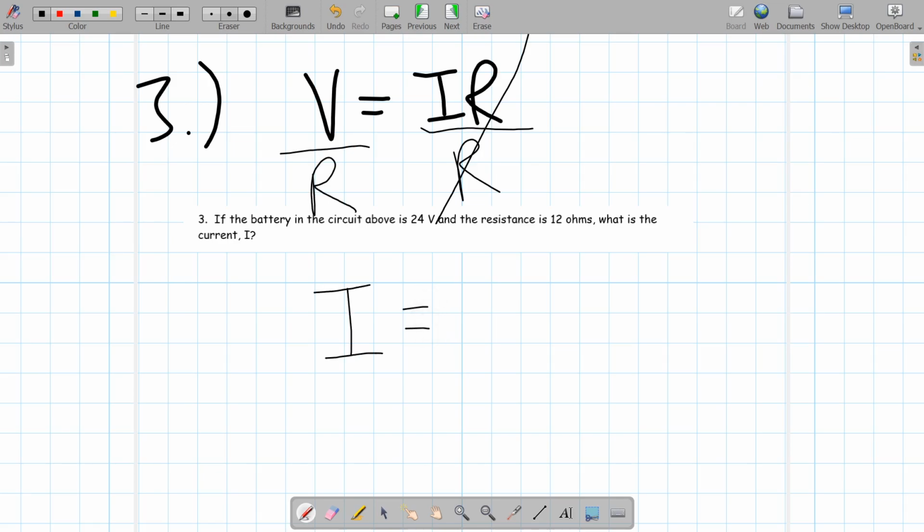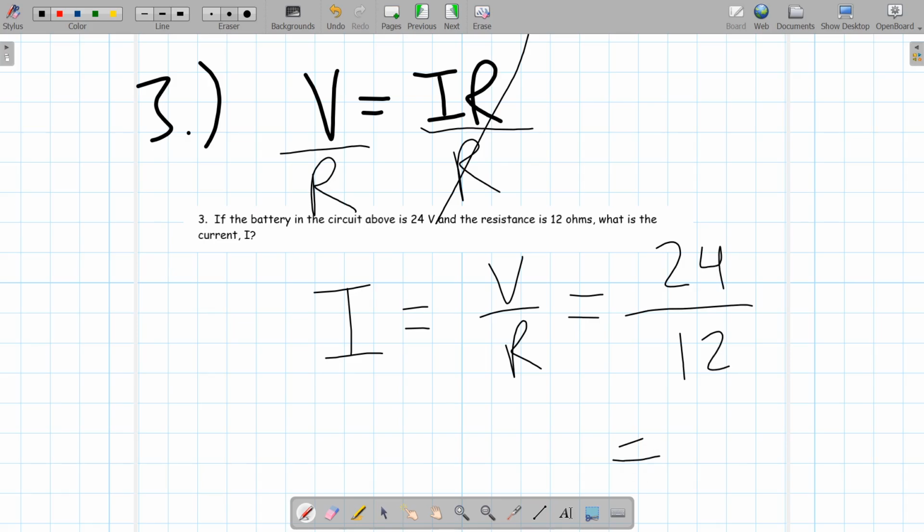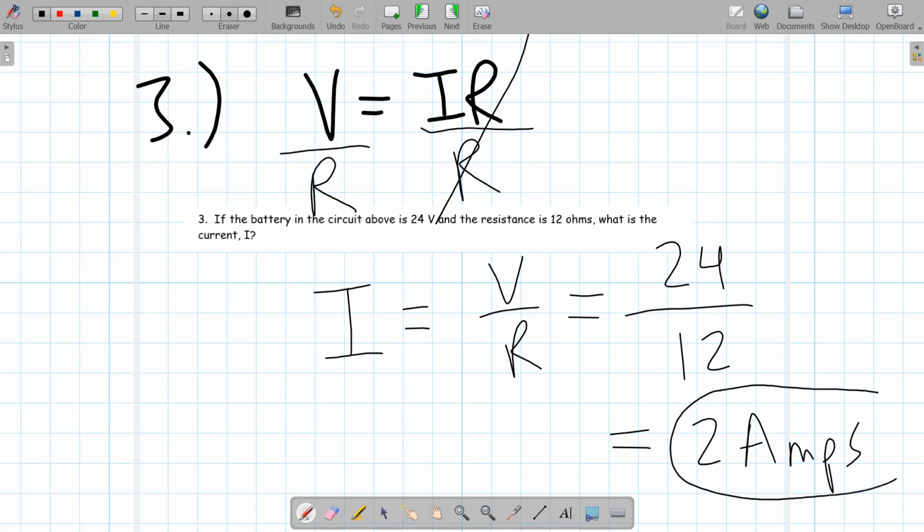Current is equal to voltage divided by resistance, which means that in this case, if the voltage is 24 volts and the resistance is 12 ohms, that means the current is exactly equal to 2 amps. So that's the rate of charge flow through the circuit. Okay, so that's the third one.